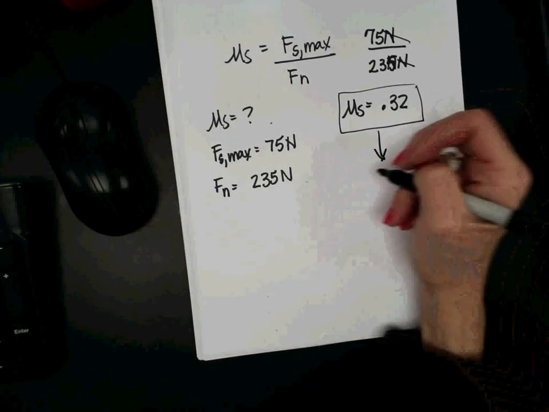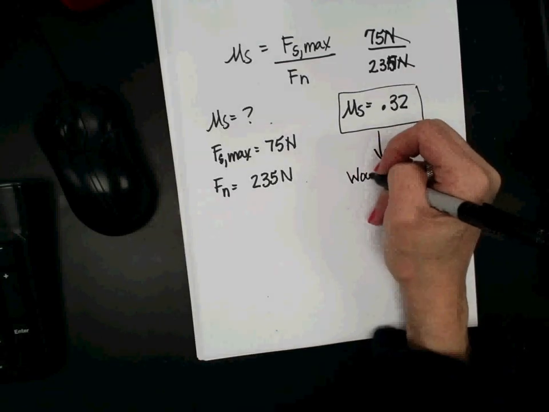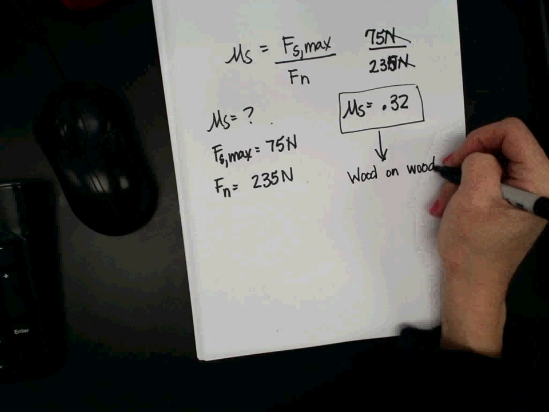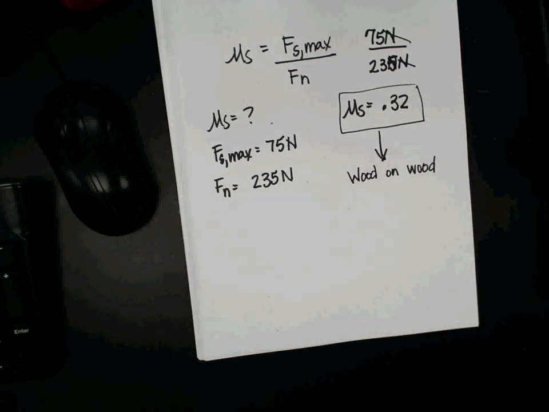So if I were being asked to use the list that you have and what the surfaces most likely are, I would say wood on wood. Now generally, when you do the math, they'll work out just a little bit closer to something.